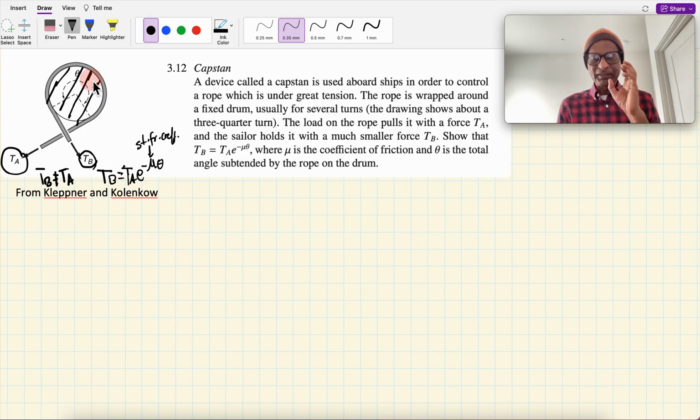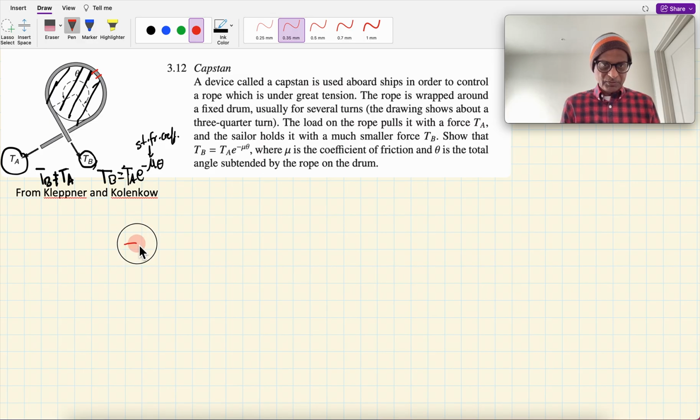But it teaches a lot of techniques that we use in physics. One of the things we do in physics is we look at a tiny piece of it and blow it up and see what it looks like. So let's blow it up. This is a tiny piece, and over here the tension is that way, at some angle.